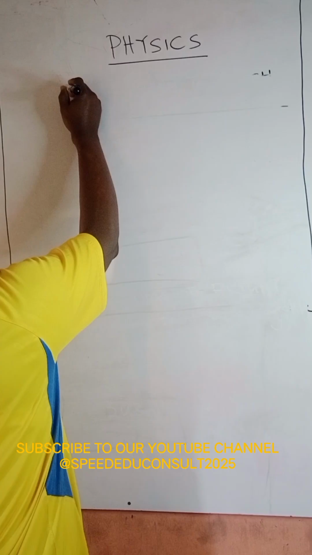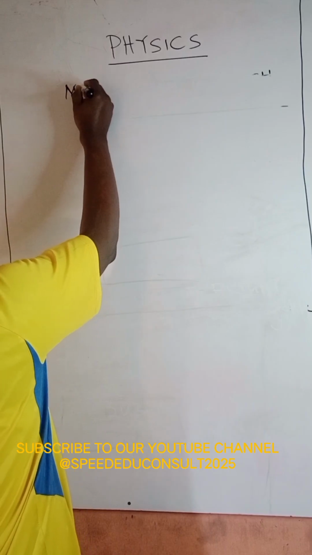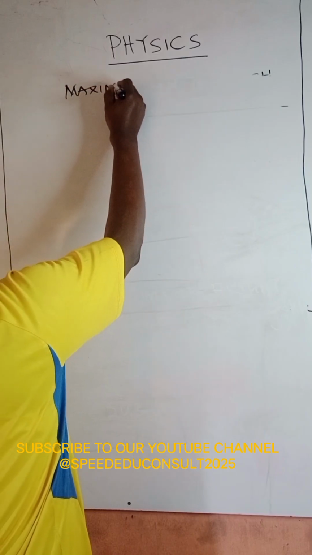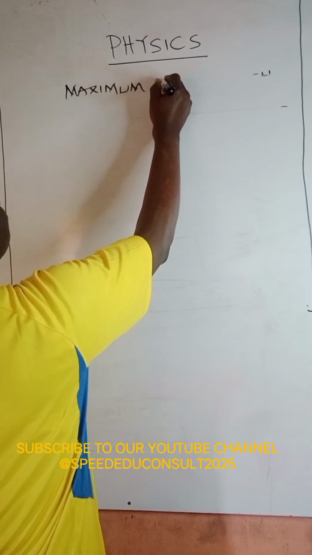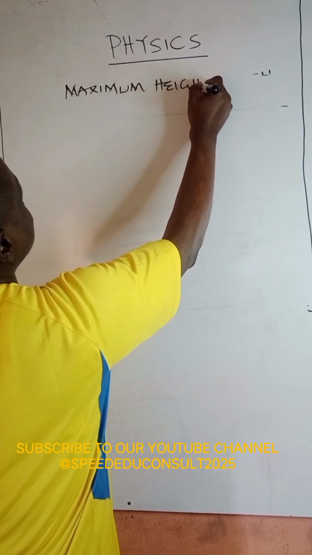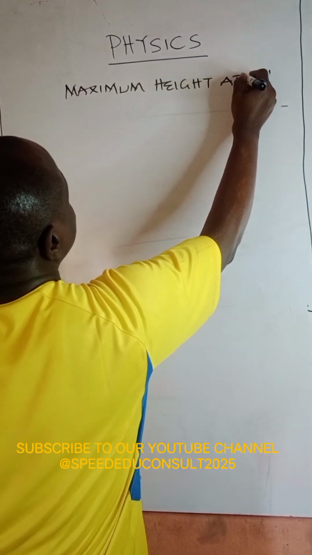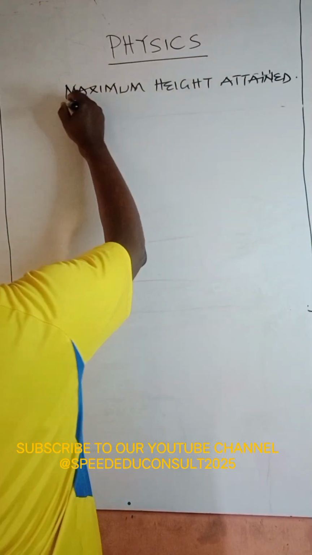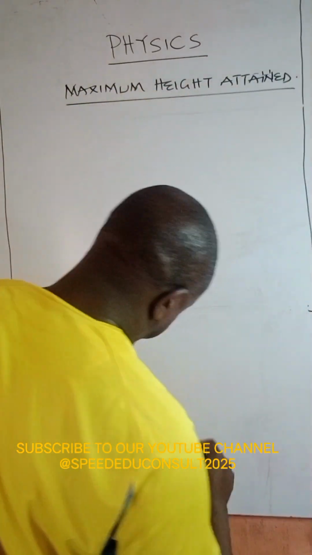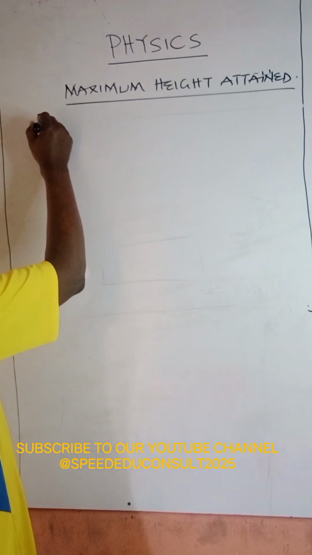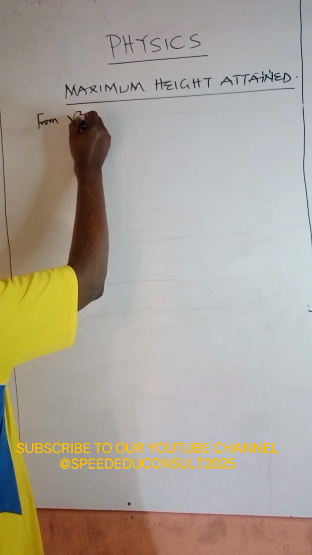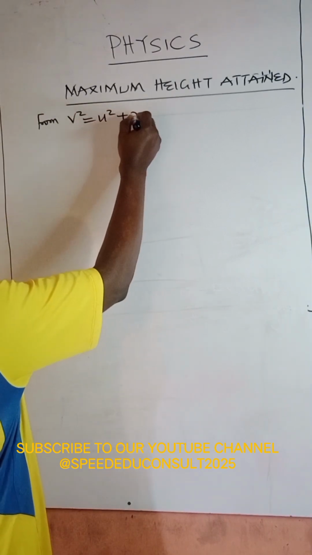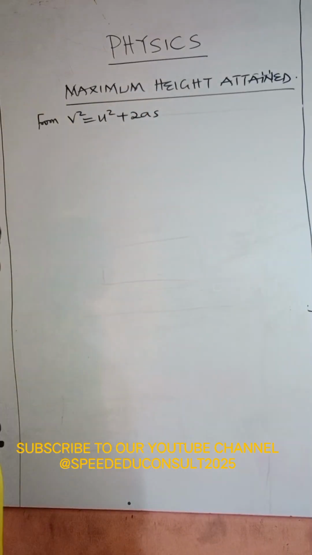So let's see maximum height attained. From v squared is equals to u squared plus 2as. This is what we have.